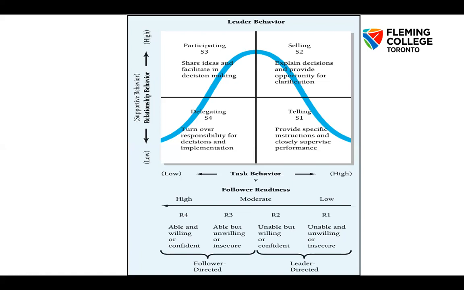If task behavior is high and relationship behavior is low, then it is telling, where you provide specific instruction and closely supervise the performance. If task behavior is high and relationship behavior is also high, it is called selling. It means you explain decisions and provide opportunity for clarifications. That's how we understand this point.